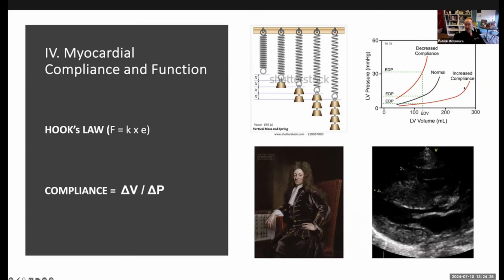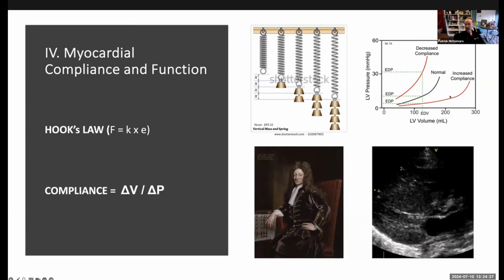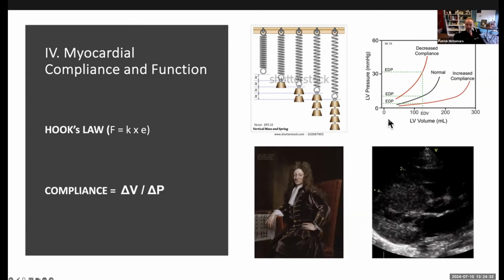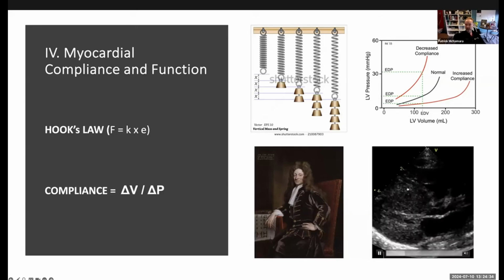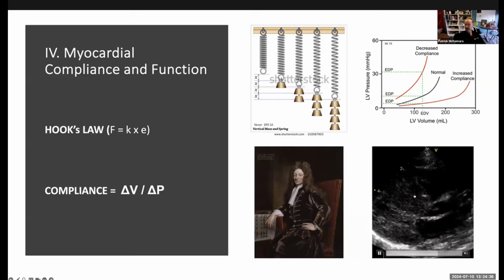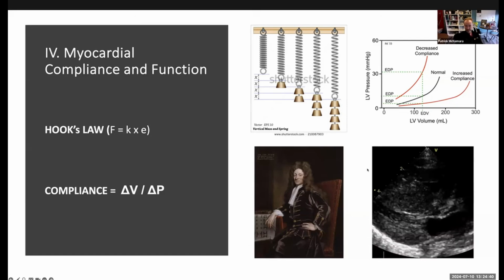Unlike the very compliant heart, where as volume goes up, pressure changes to a much less significant extent. This is very important in the hypertrophic heart and when we're trying to maintain effective cardiac output in a heart with restrictive compliance.